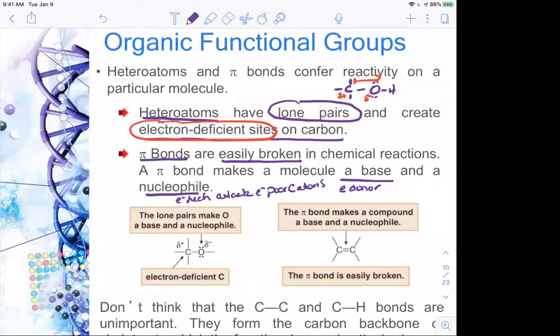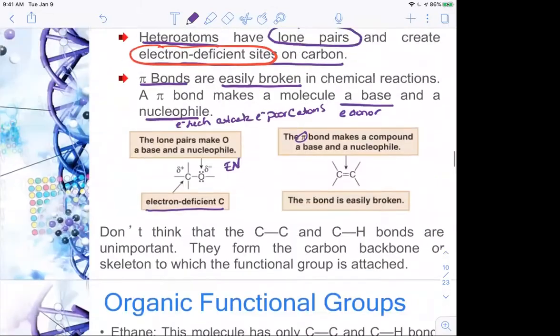So again, this polar bond here is making this carbon electron deficient because of the electronegativity difference between oxygen and carbon. This pi bond is making this a base and a nucleophile. So those are centers of reactivity.